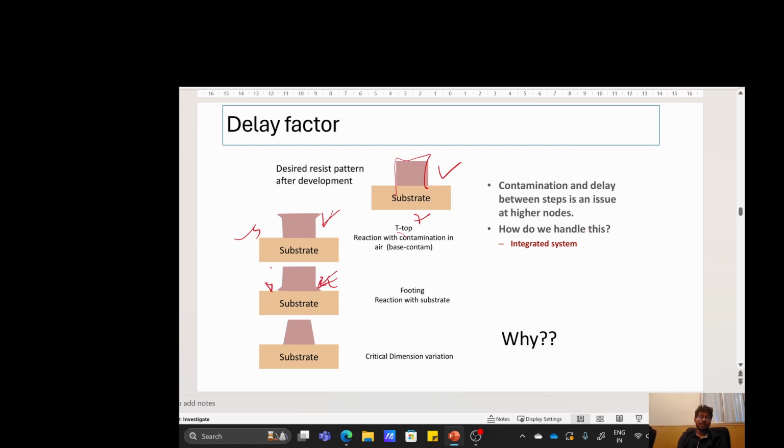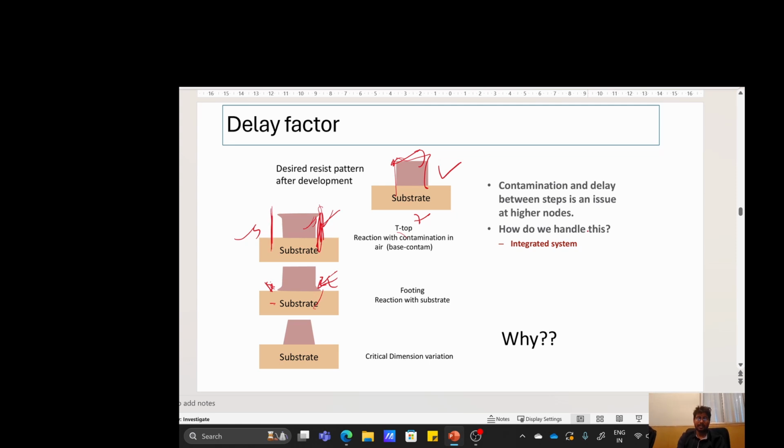You wanted a feature size of this much, but you are getting a larger feature size in this one. In this one also, when you do the other processes, like deposition of gold over that, it will deposit till this point.